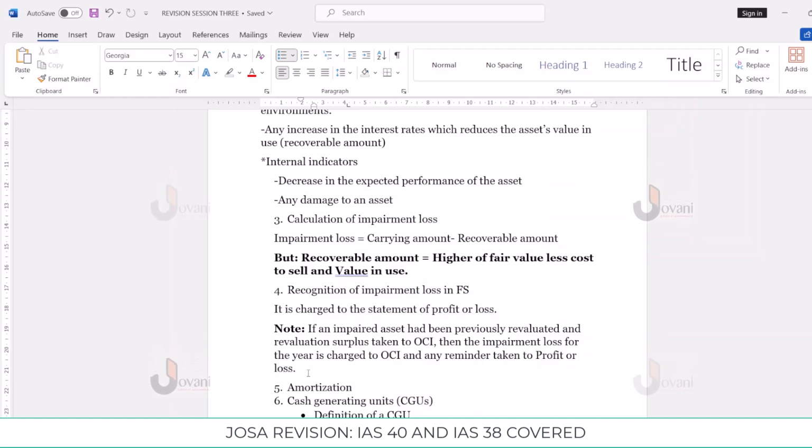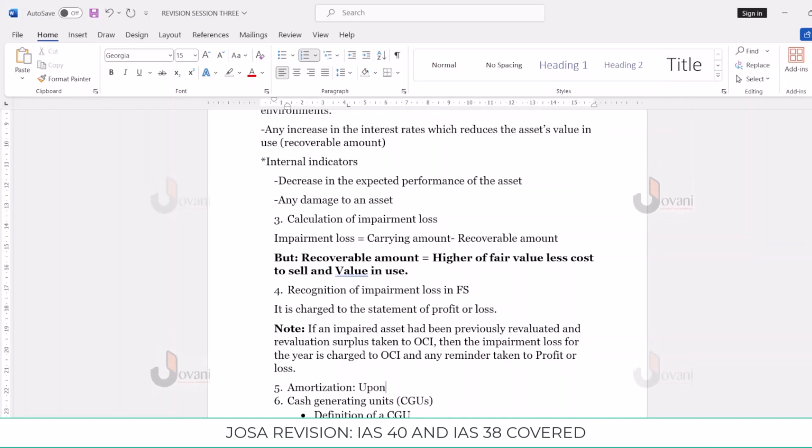Okay. After charging impairment, remember, we are comparing carrying amount and recoverable amount. When there is impairment, the asset is taken to the lower of carrying amount and recoverable amount, and at that point, it is going to be the recoverable amount. At that point in time, we must amortize or depreciate the asset over the remaining useful life.